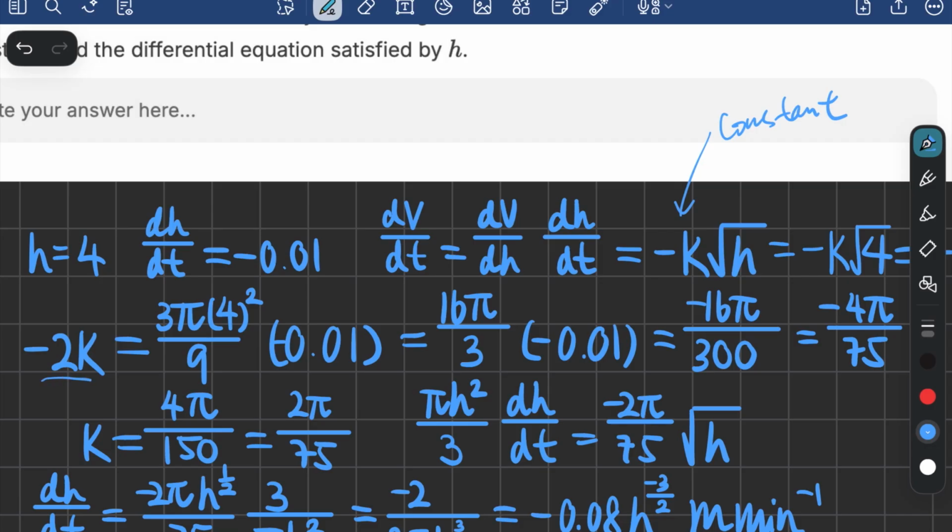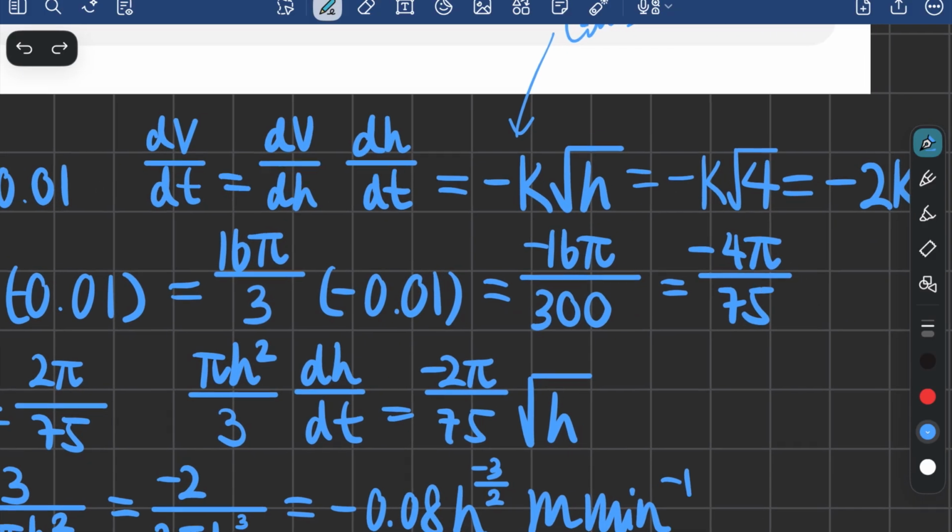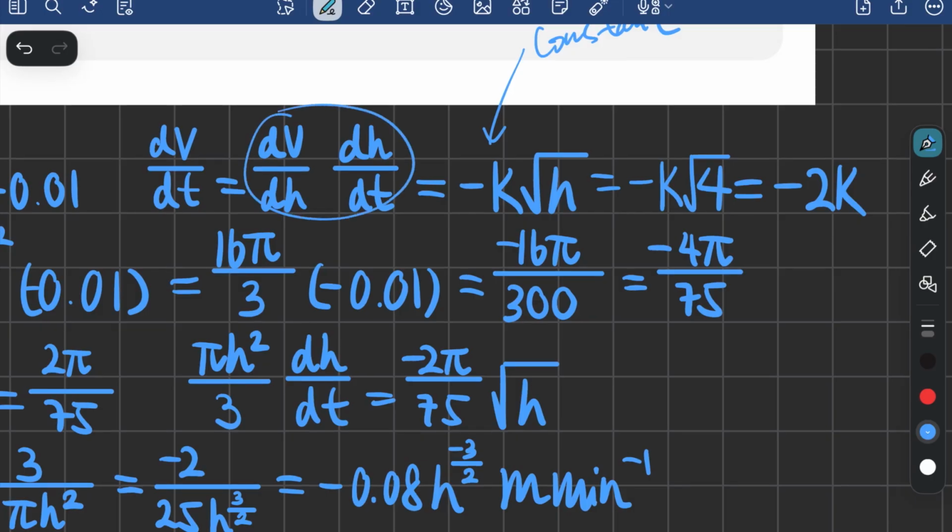So we have negative 2k equaling this thing, and let's move negative 2 to the other side. Now we just have k equals this. Looking back at this original equation and in relevance to this, we can write k in there as a numerical value. Copy this down right here, and dh/dt, leave it as it is.